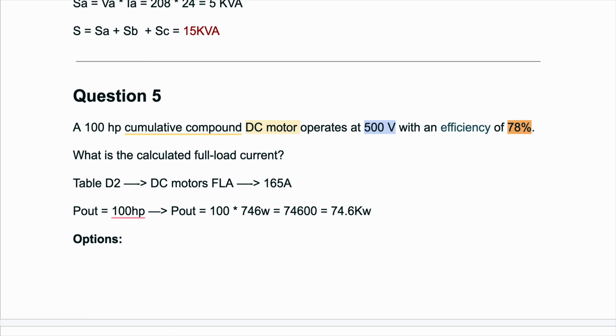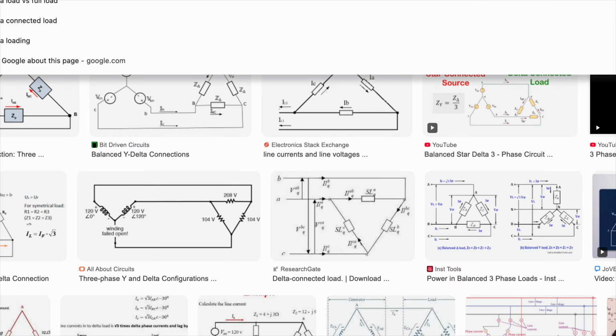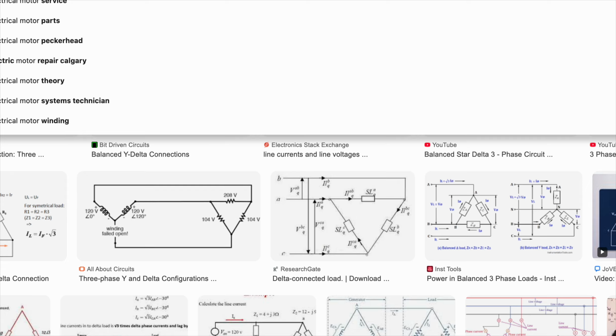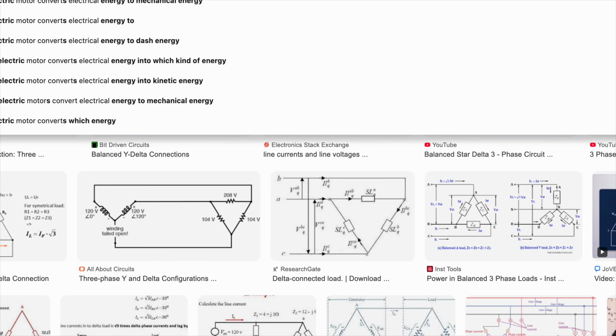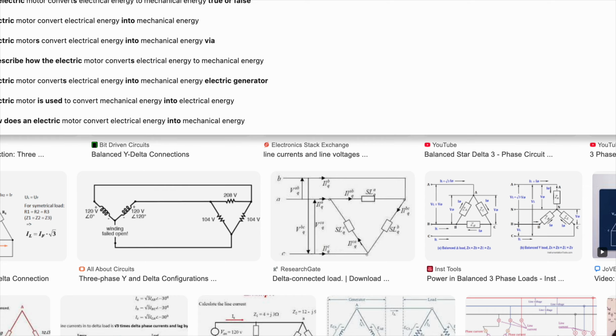So we have a DC motor whose output mechanical power is 74.6 kilowatts. An electrical motor converts electrical energy to mechanical energy.